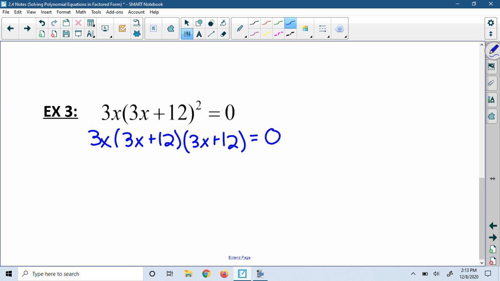Luckily for us, the zero product property works with more than 2 factors. It works with as many factors as you've got. So I've got 3 factors here. The zero product property tells us that at least one of those has got to equal 0.